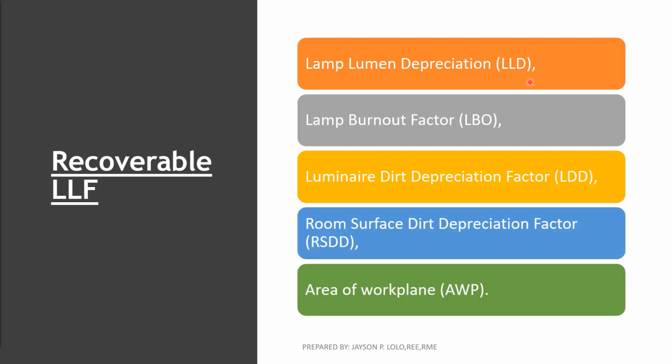Naa na 5 years, 2,000 lighting period, operating hours, 500 operating hours. Wala na siyang gina-consider. Lamp lumen depreciation comes from aging and dirt accumulation in lamps, reflectors, lenses, and room surfaces.